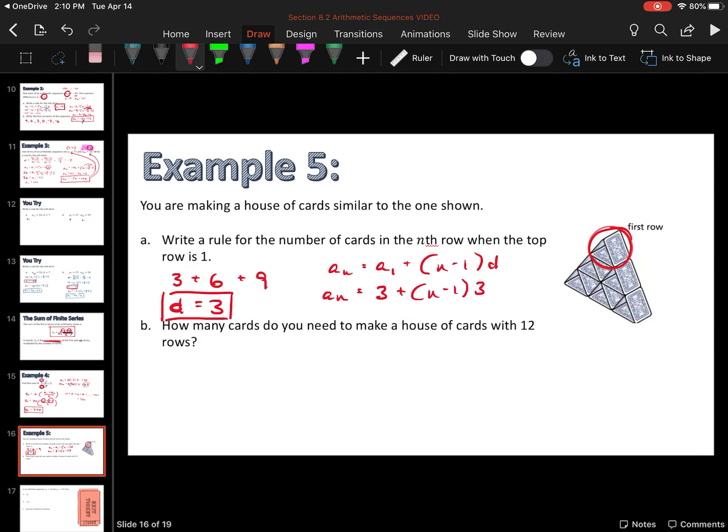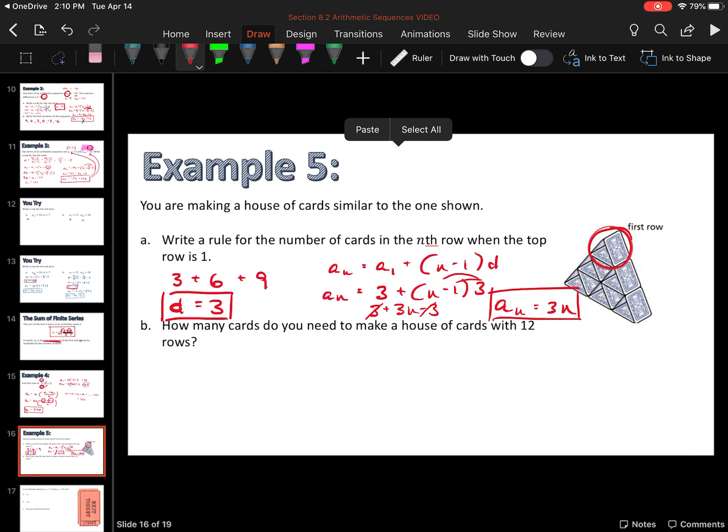N minus 1 times 3. Distribute it out, solve it out. You get a sub n is equal to 3 plus 3n minus 3. 3 and 3 will cancel. You'll just get 3n. So if I ask you how many cards are on the 4th row, there will be 12 cards. How about the 5th row? There will be 15 cards, and so on and so on.